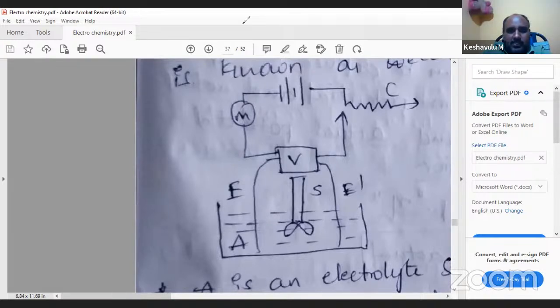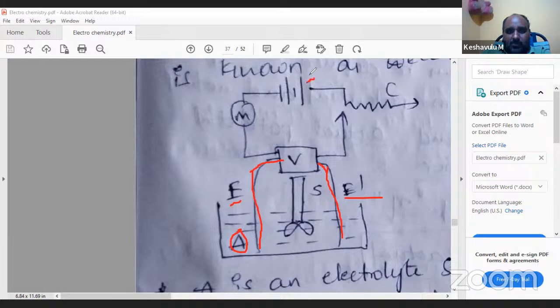Right. So just see here, A is an electrolyte solution, right? This E and E dash are the electrodes. This is the one electrode and this is the other electrode. These electrodes are dipped in the electrolyte solution and connected to the voltmeter. And also this voltmeter should be connected through an external battery.